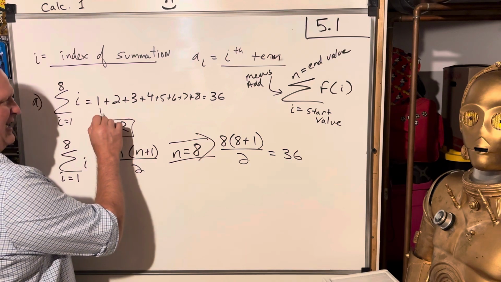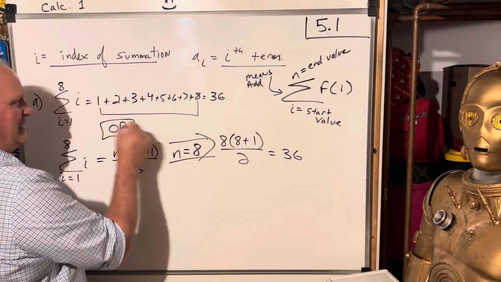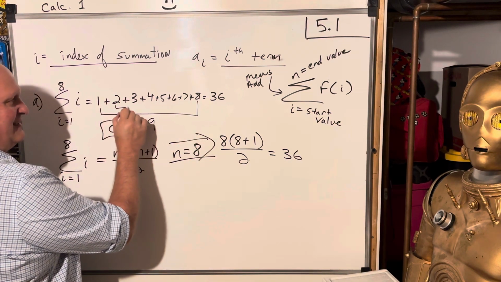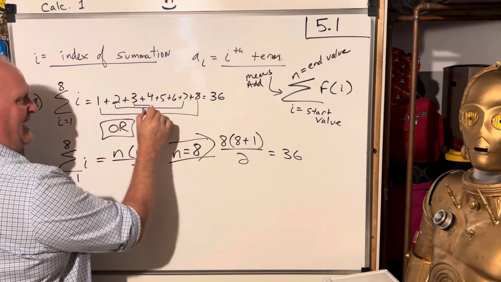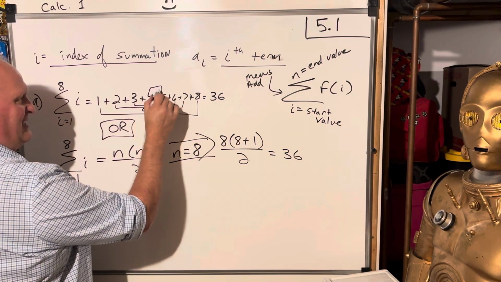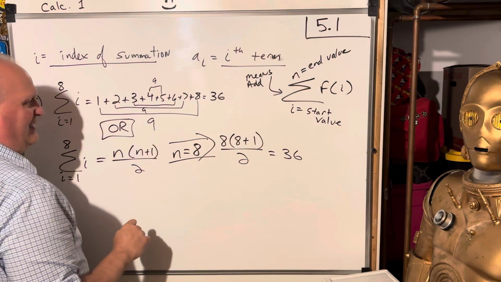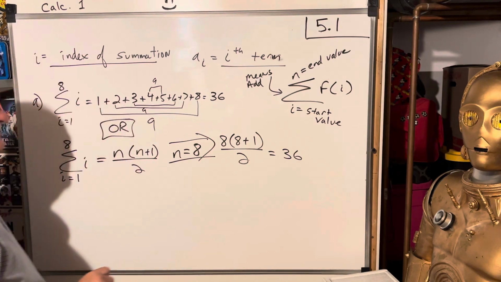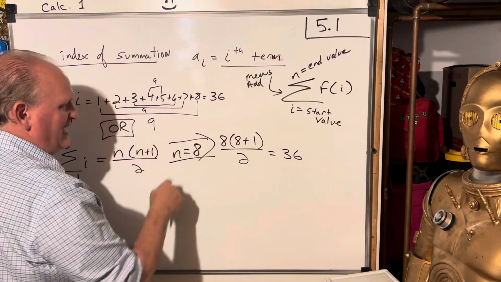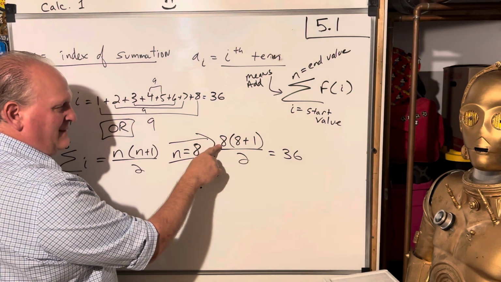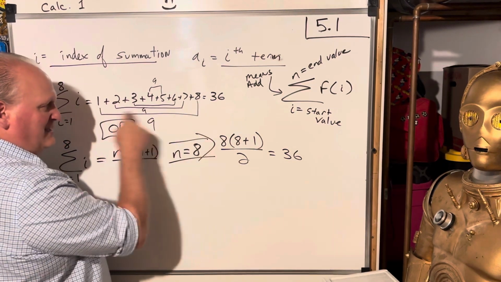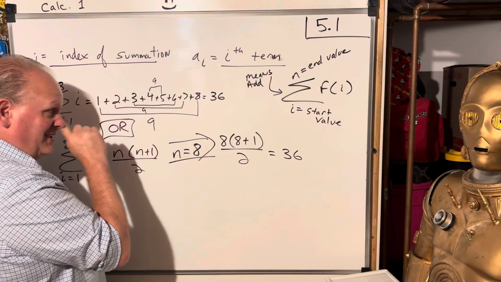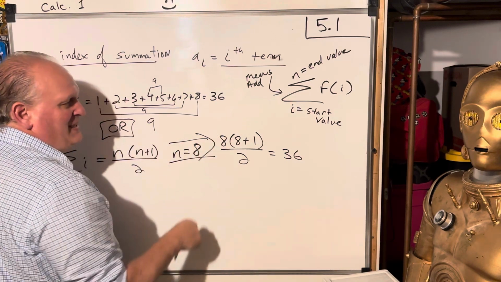If you can look at it, I'm no Einstein, but look, that's 9, and that's 9, and that's 9, and that's 9. And so it ends up being 9 times 4, but why you take n, whatever n was, if you cut it in half, because you're grouping them together. So it's always going to be half, n is always going to be halved.